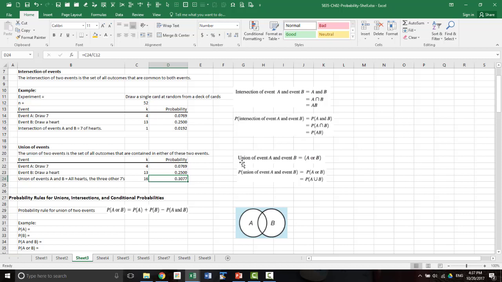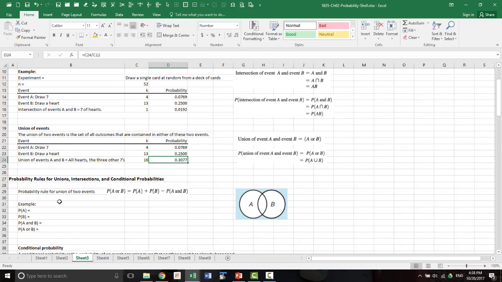For union, you can represent the union of A and B as A or B, or A with a U and B. The probability of the union will be written in this fashion. The rule for probability of union is easily understood.